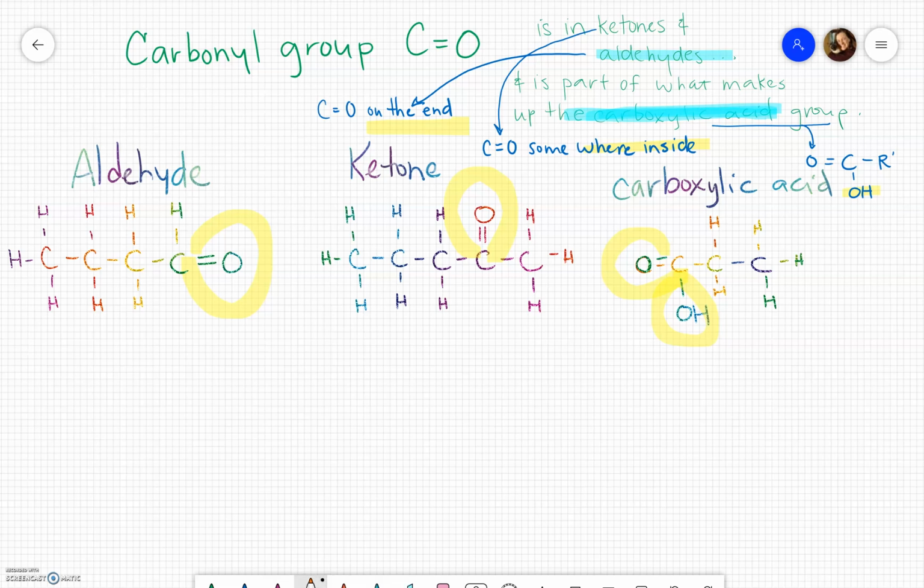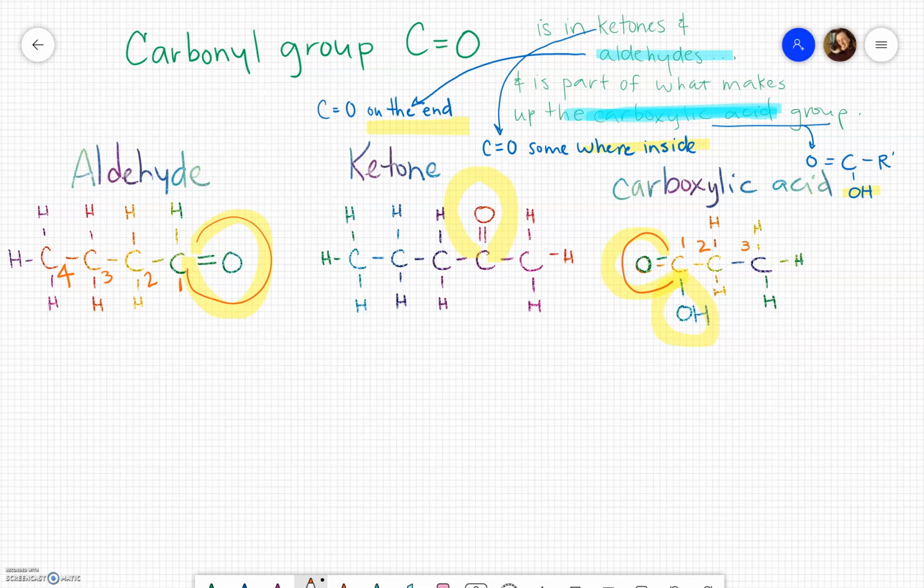So if I start counting on my aldehyde here, here's where I circled that group. So this is my first carbon, this is my second carbon, third, and fourth. And then with the carboxylic acid, here's that double bonded O, so that makes that my first carbon. Here's my second, and here's my third.